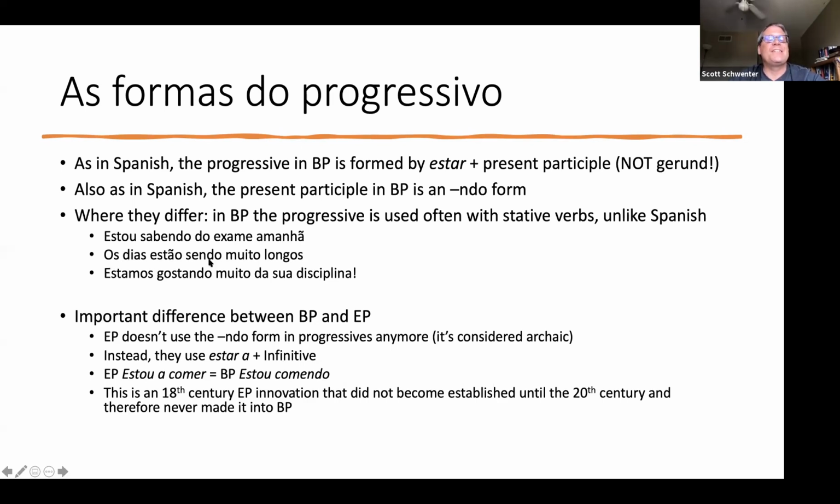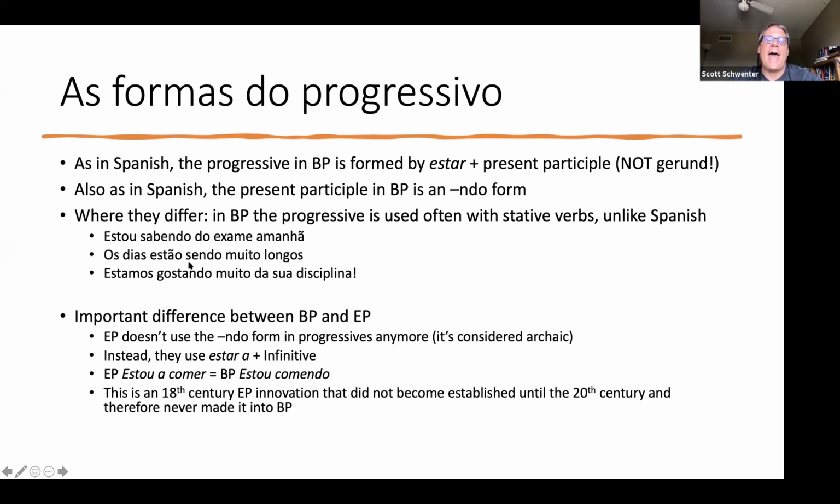Or os dias estão sendo muito longos. Los días están siendo muy largos, right? Very rare. So saber, ser, those are both stative verbs, or probably the most typical one, estamos gostando muito da sua disciplina. So we're really liking your course, right?